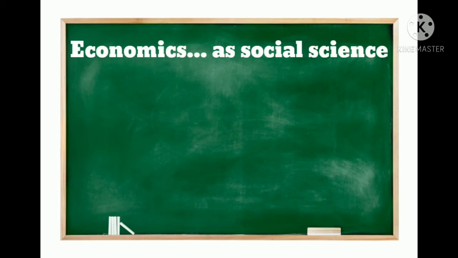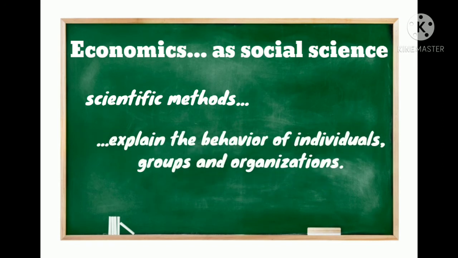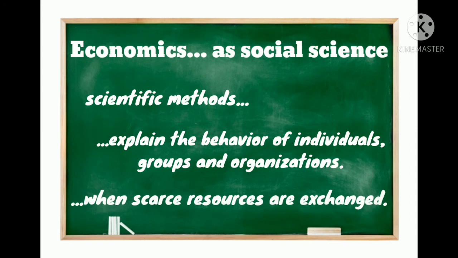Economics is regarded as a social science because it uses scientific methods to build theories that can help explain the behavior of individuals, groups, and organizations. It attempts to explain economic behavior which arises when scarce resources are exchanged. In terms of methodology, economists are not able to undertake controlled experiments in the way that chemists and biologists are.